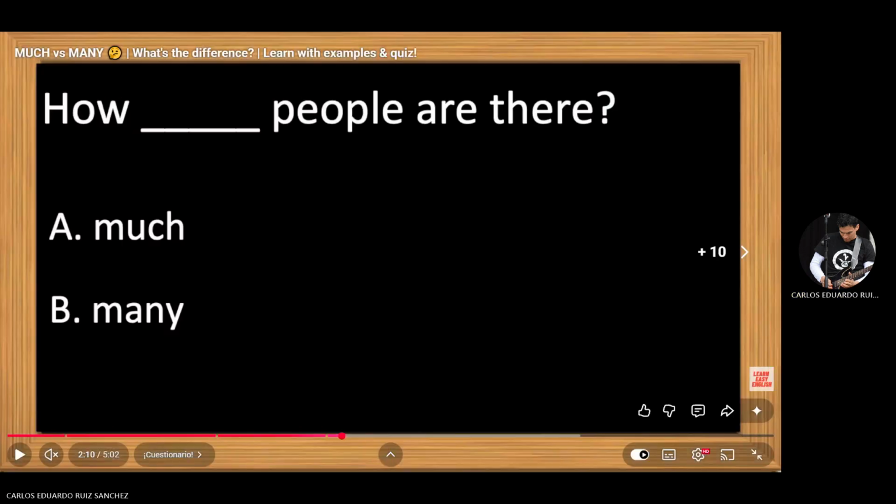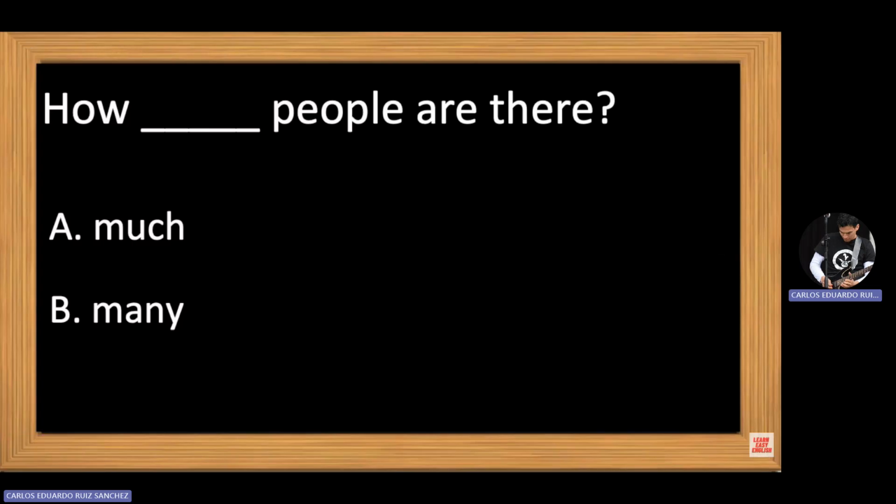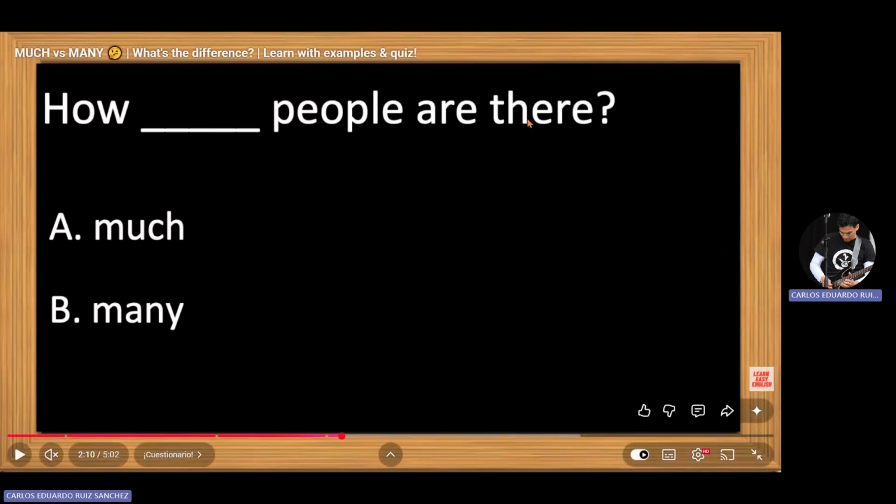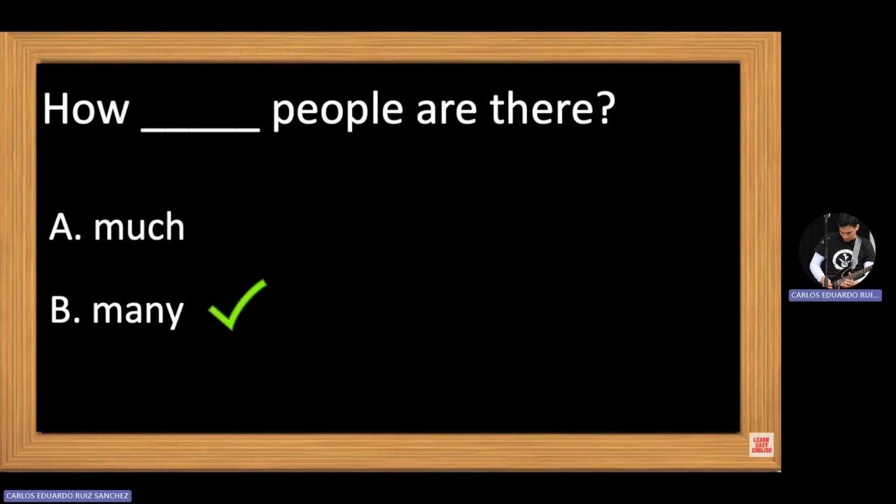And let me start with the practice here. People are there. Don't forget, we can count people. Las podemos contar, sí. So the correct answer is yes, many. Con many hablamos de los sustantivos contables porque podemos contar a las personas.